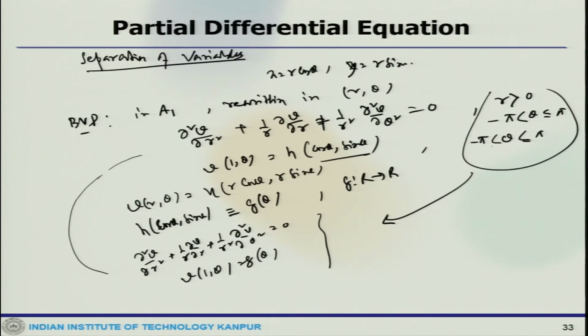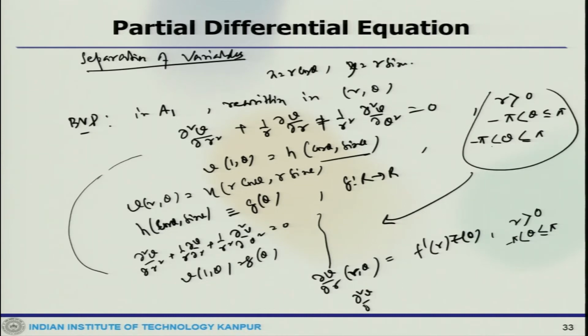So, now f is a continuous function that is C2, and z is also C2, then how we can write the partial derivative: del v by del r (r, theta) is f prime(r) z(theta), where r is greater than 0 and theta is between minus pi and pi.